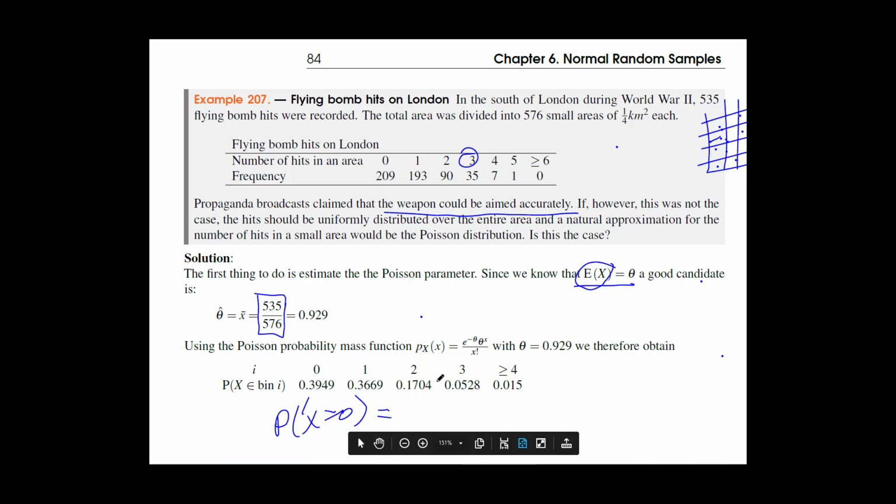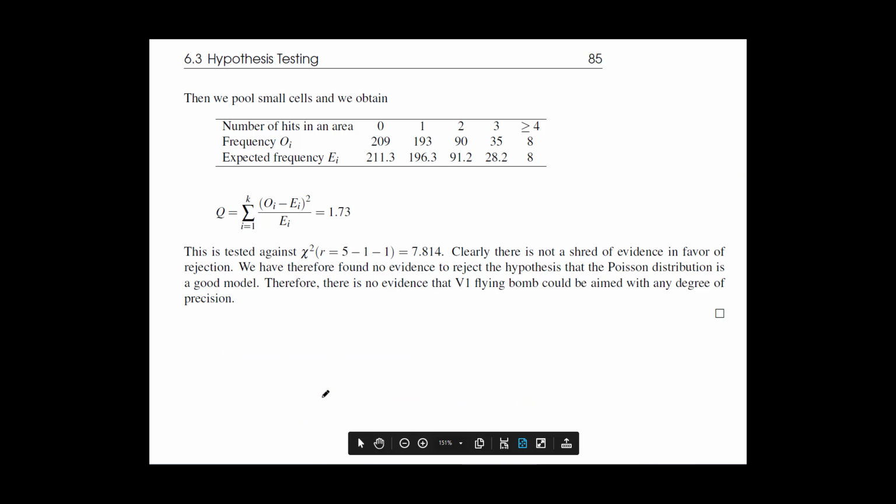That's the Poisson distribution, which we know how to evaluate because we know the PMF: e to the negative theta times theta to the x, divided by x factorial, but x is 0 now. All these numbers we obtain with this formula for different values of x. That's your probabilities. Then we multiply by 535, the sample size, to obtain these frequencies. So this row is just 535 times the probabilities we obtained before. And again, this would be the data.